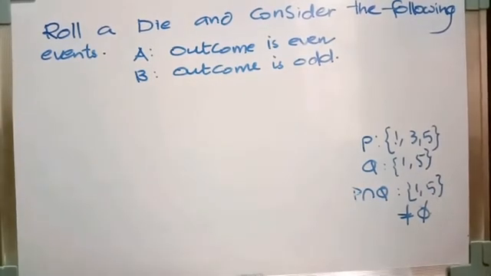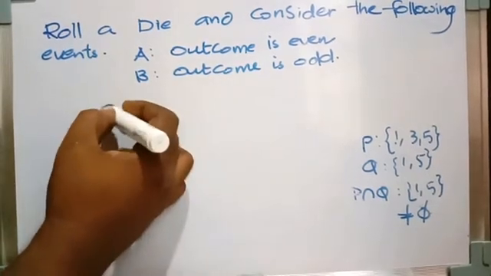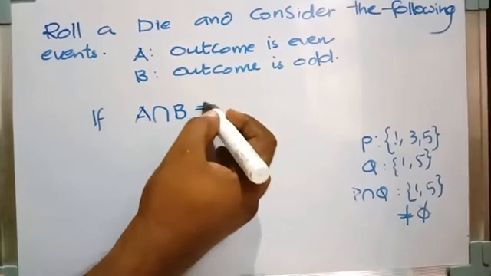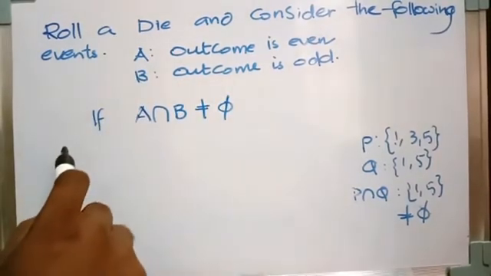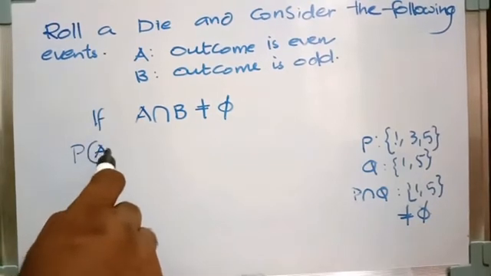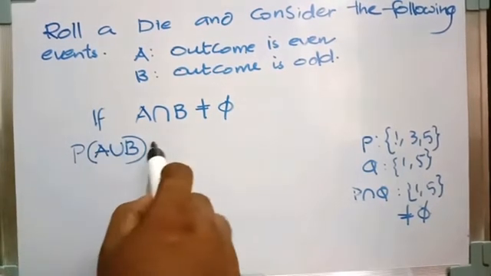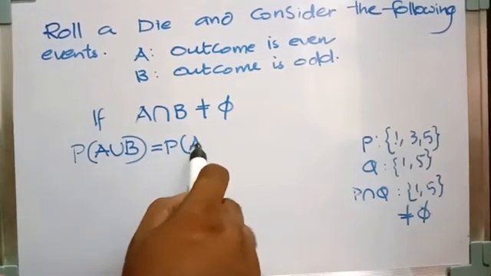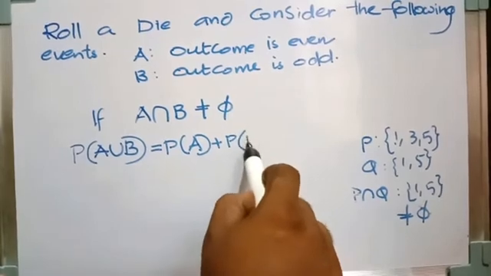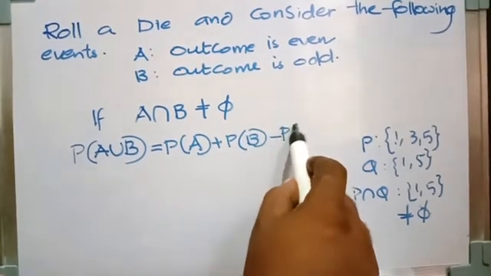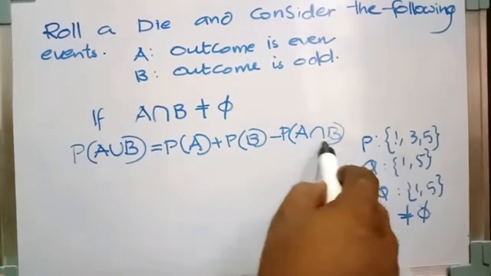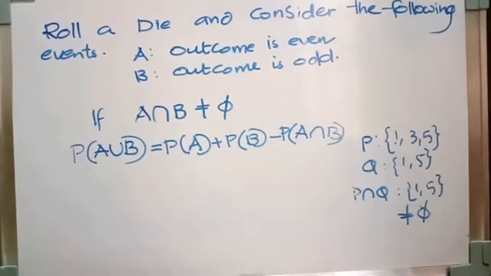And if the events are not mutually exclusive, that means if A intersection B is not null set, then addition law is probability of A union B is equal to probability of A plus probability of B minus probability of A intersection B. This is a law when the events are not mutually exclusive events.